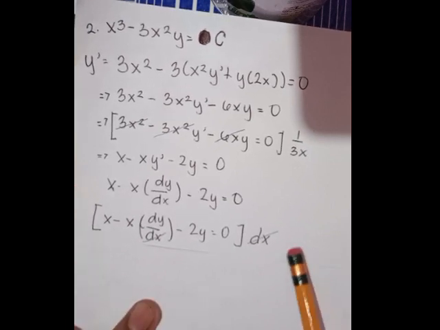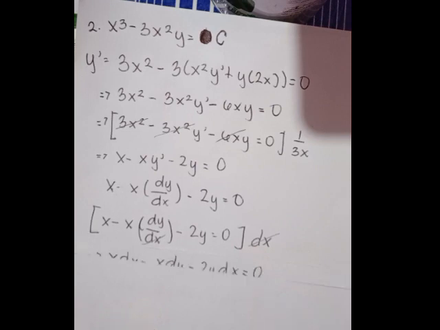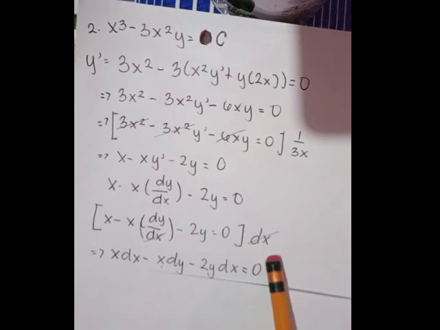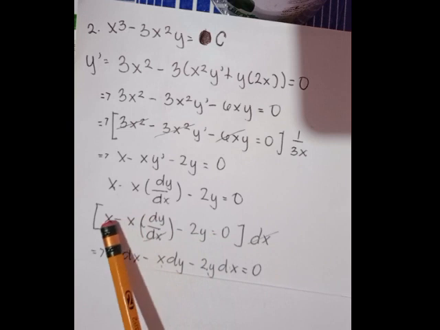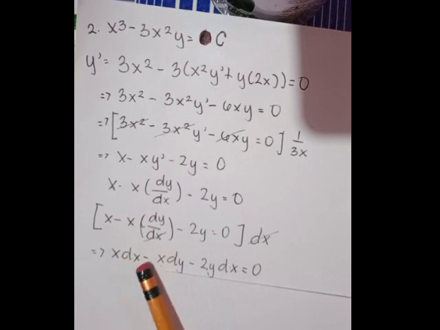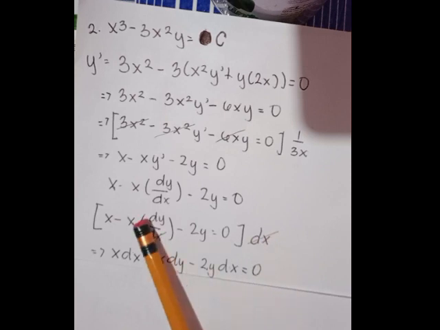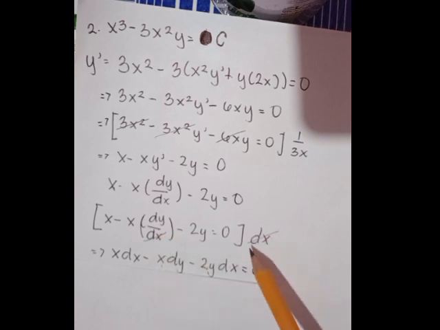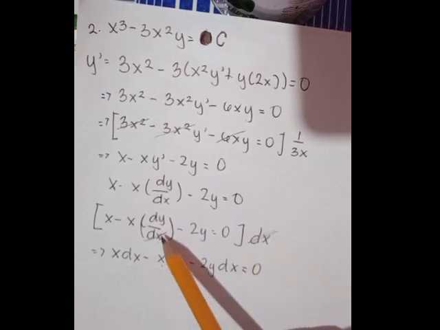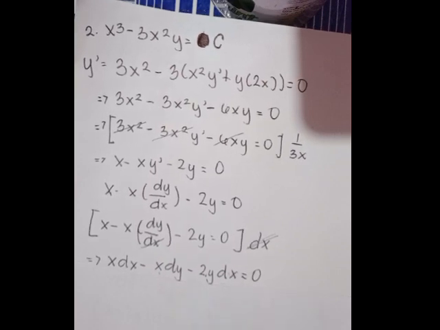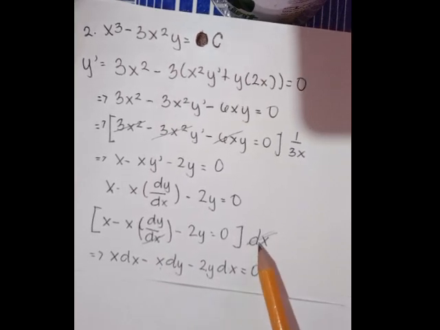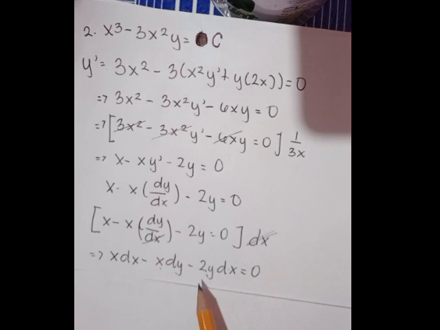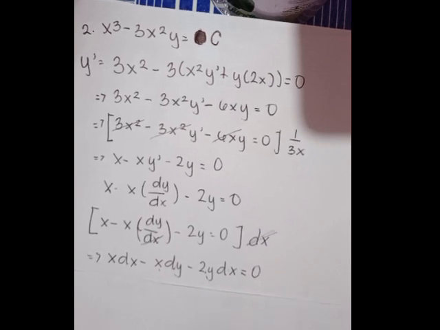Multiplying dx by this whole function, we will get dx multiplied by x, we will get x dx, minus dx multiplied by x dy over dx, and the dx will be cancelled out here and here, and we will get x dy, and 2y multiplied by dx, we will get 2y dx equals 0.